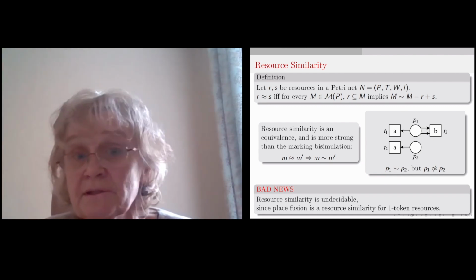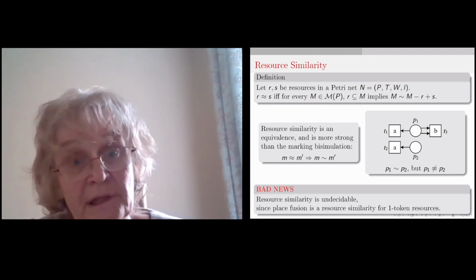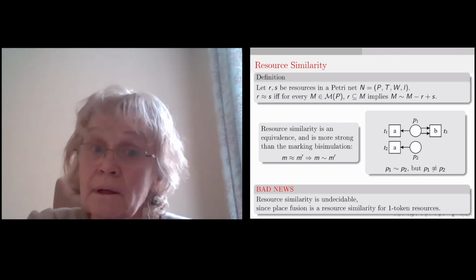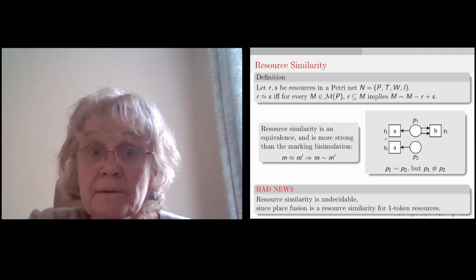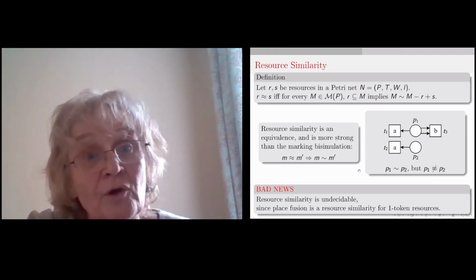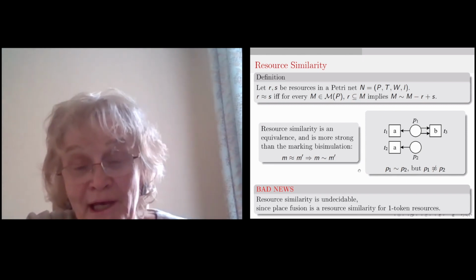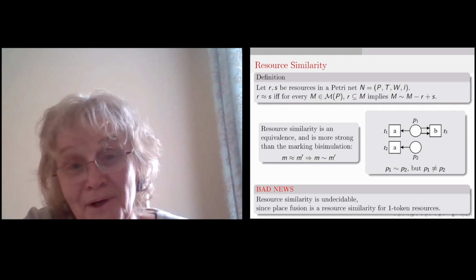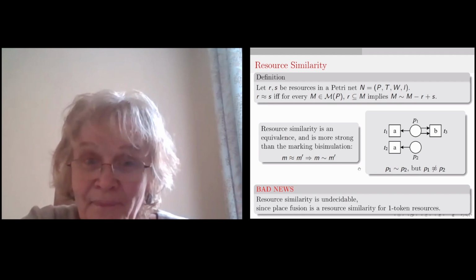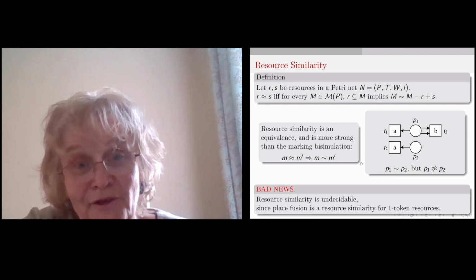First of all, it is a narrowing of state bisimulation, and also it is a congruence. Why are we interested in congruences? Because for context-free Petri nets, bisimulation is a congruence.